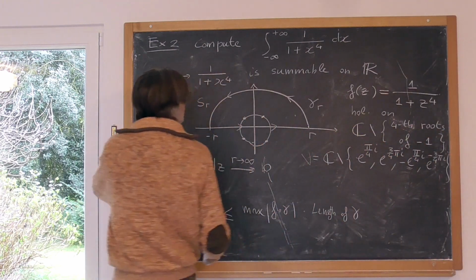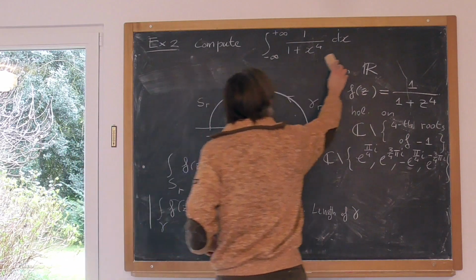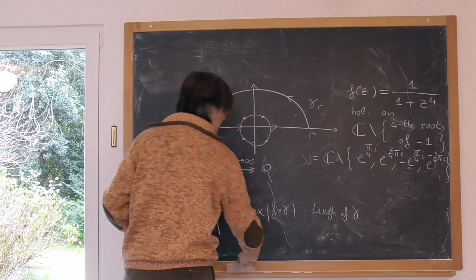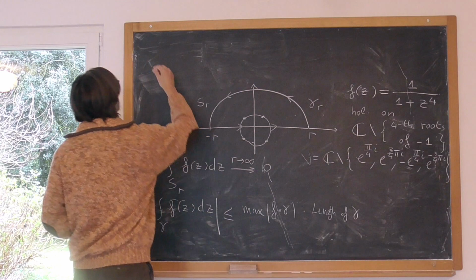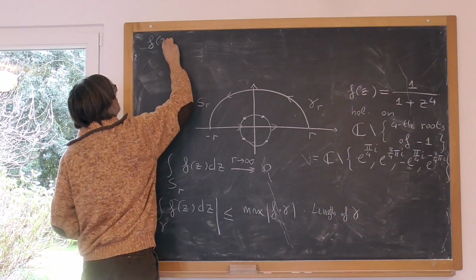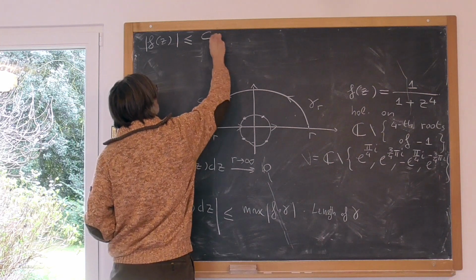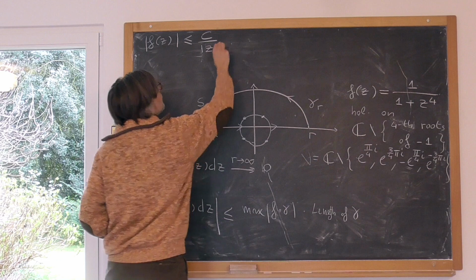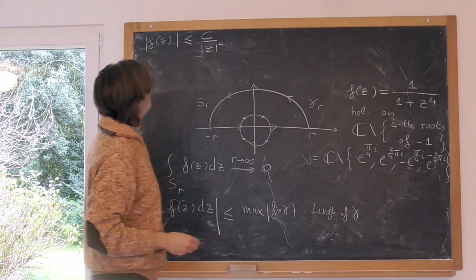So what happens if we apply this standard estimate here? Notice that the function f has a bound of the form: the absolute value of f(z) is bounded by some constant times |z| to the power minus 4. You can easily find this from this expression.